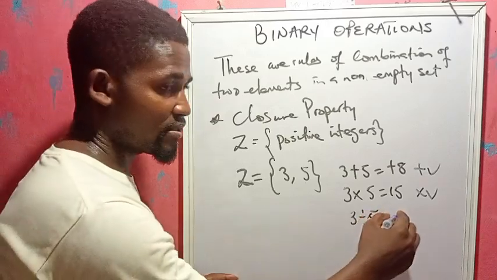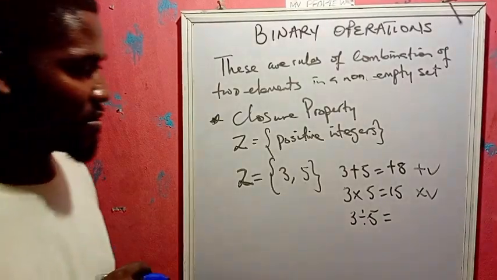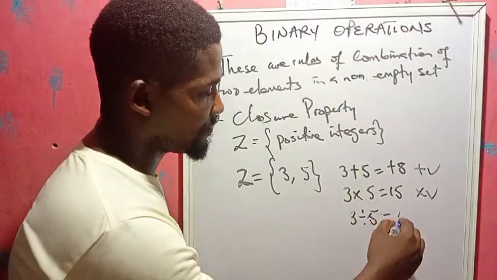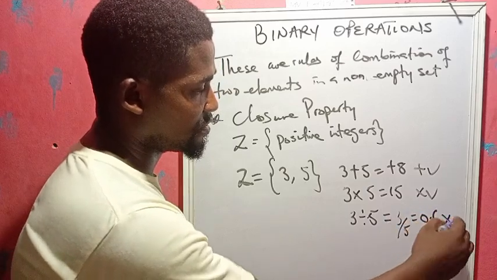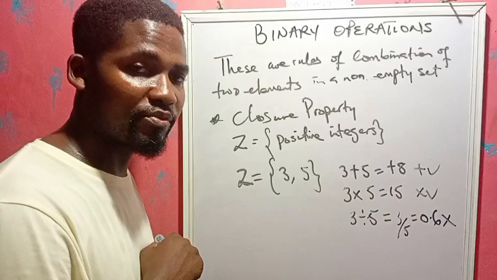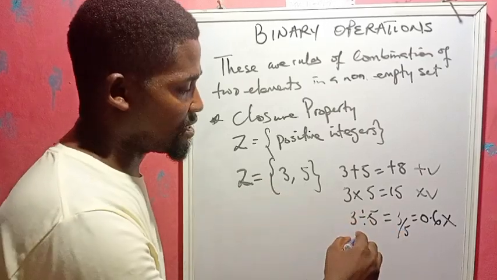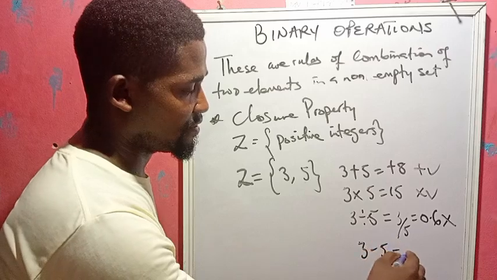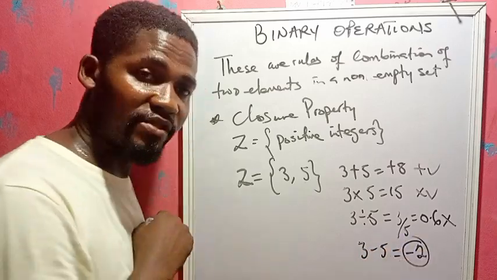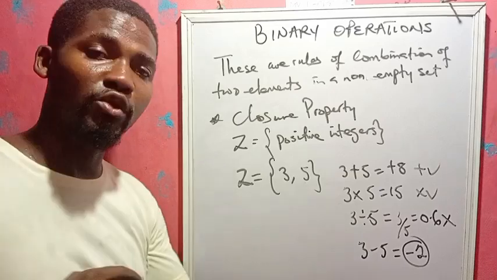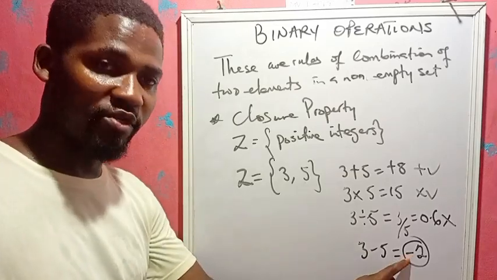3 over 5 will give us 0.6. This is not closed under the operation, the set is not closed under division. And if we have 3 minus 5, this will give us minus 2. This is not a positive integer. Therefore it is not closed under the operation subtraction.